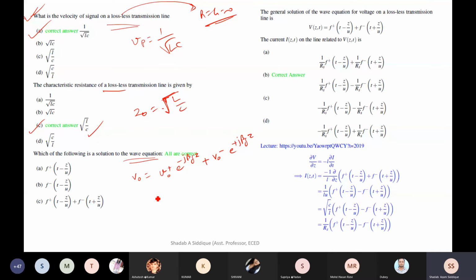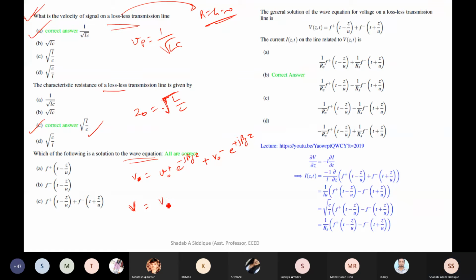This is in terms of only z. While solving for the solution of the wave equation in the transmission line, we had the voltage equation as a function of z as well as time.